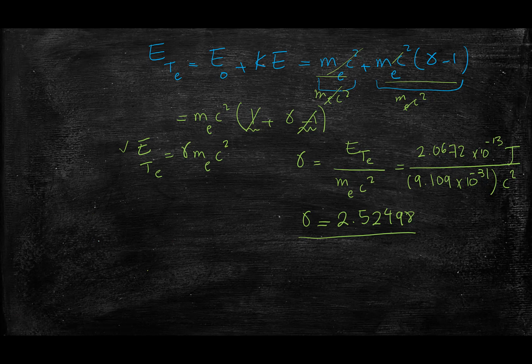And remember what we have for gamma. I'm just going to rearrange this page. So I'm going to write the equation I had for gamma, which is 1 over the square root of 1 minus v squared over c squared.